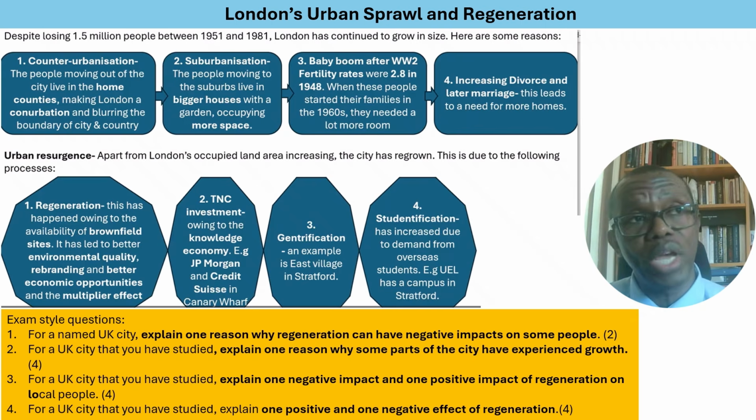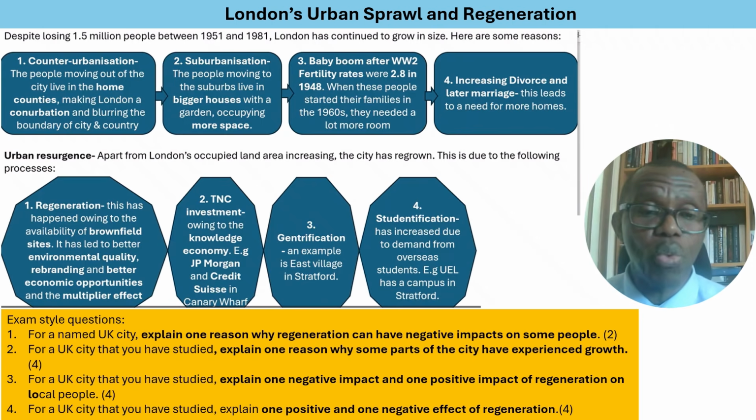For example, if we are talking about Stratford and its redevelopment, we know that the rail networks are really good. So in terms of TNCs and other businesses coming to invest, and especially in the knowledge economy, it will provide an opportunity for these areas to resurge.